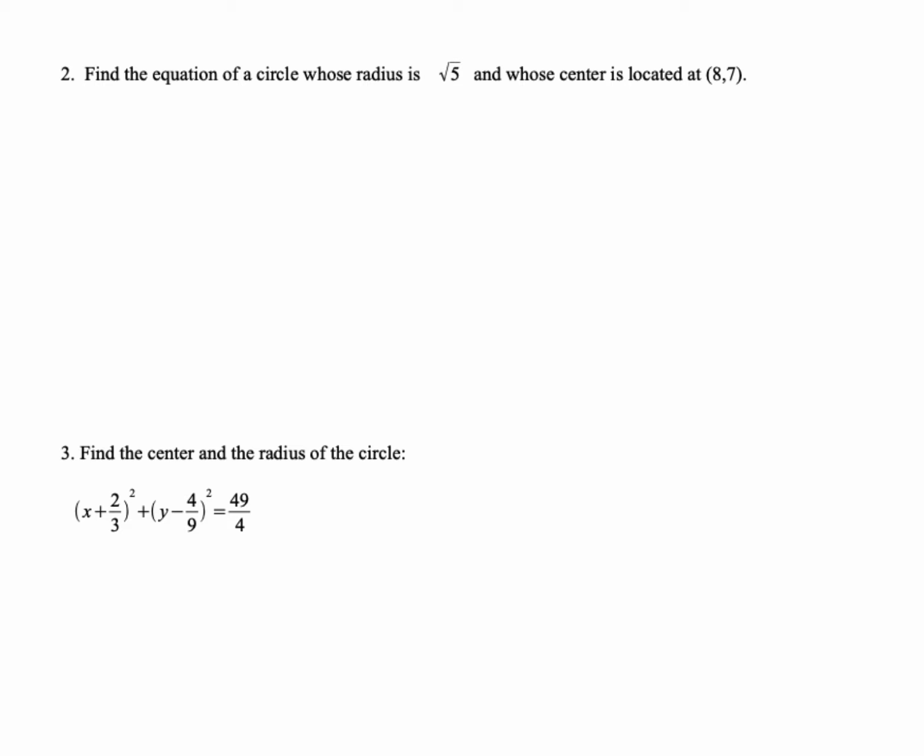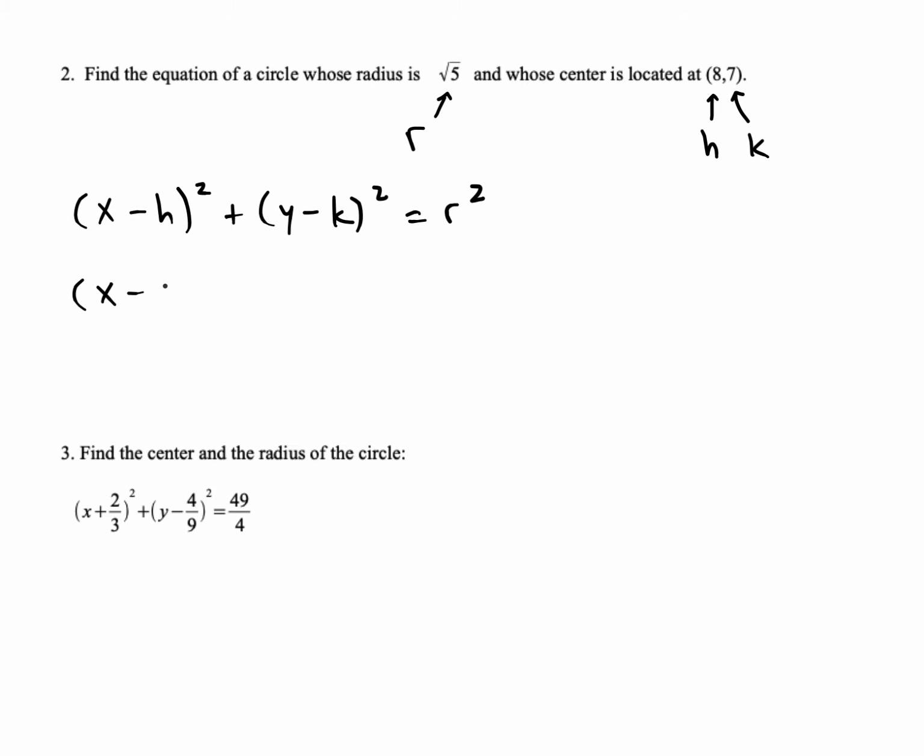Let's find the equation of a circle whose radius is radical 5 and whose center is at (8, 7). So in this problem, they're giving us the r value. They're also giving us the h and the k. And we just have to put it into the right place in the formula. The formula says (x minus h) squared plus (y minus k) squared equals r squared.